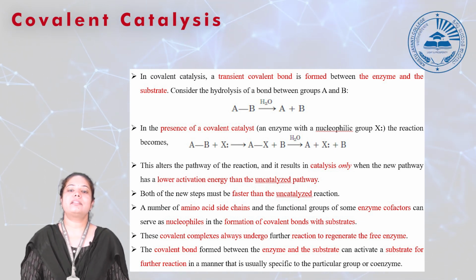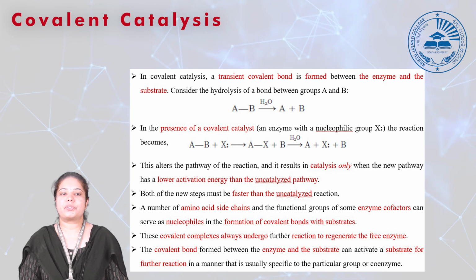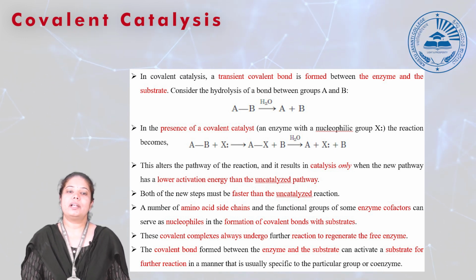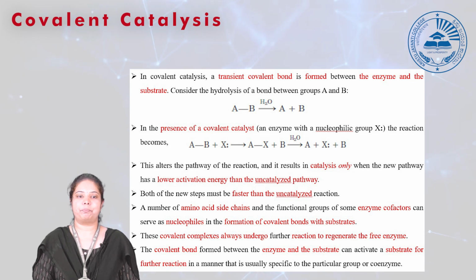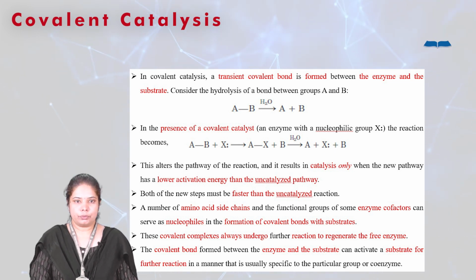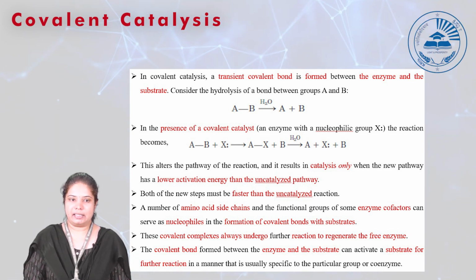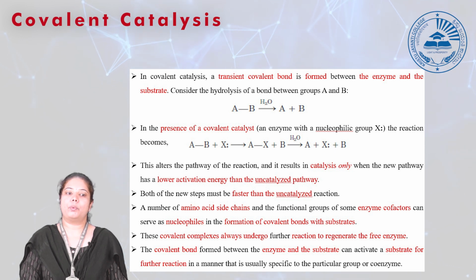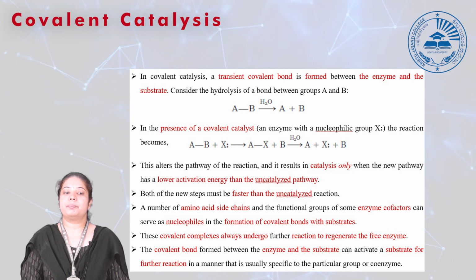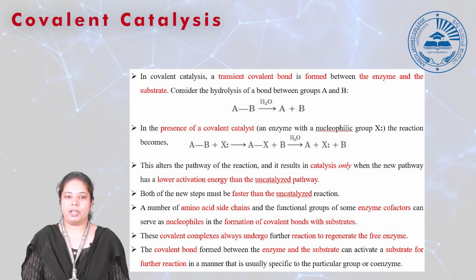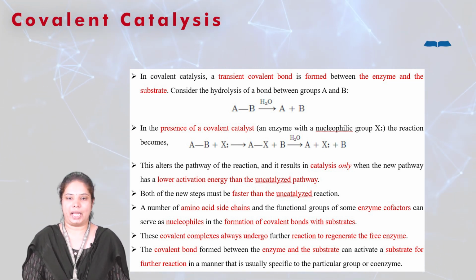It will attack the substrate groups so that a covalent bond will be formed between the intermediate and the enzyme. In order to make the product formation easier, this covalent bond interaction will lower the activation energy compared to the uncatalyzed reaction. So the new step will bring faster product formation when compared to the uncatalyzed reaction.